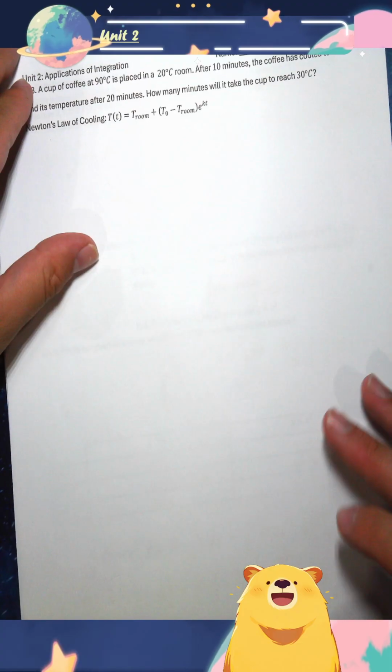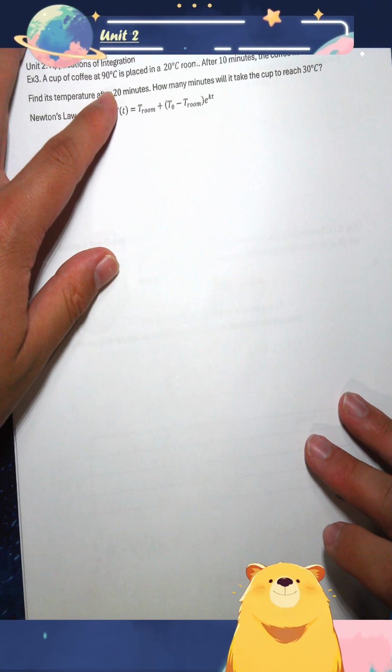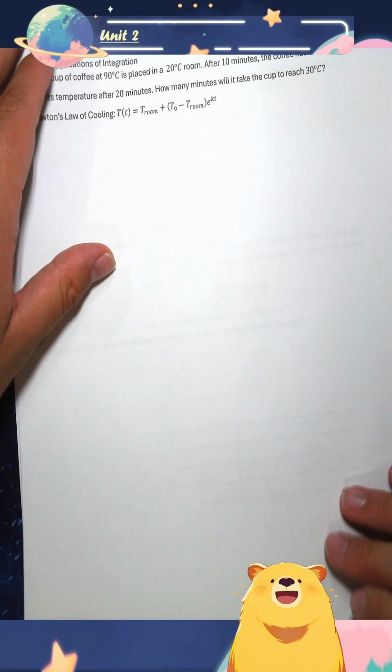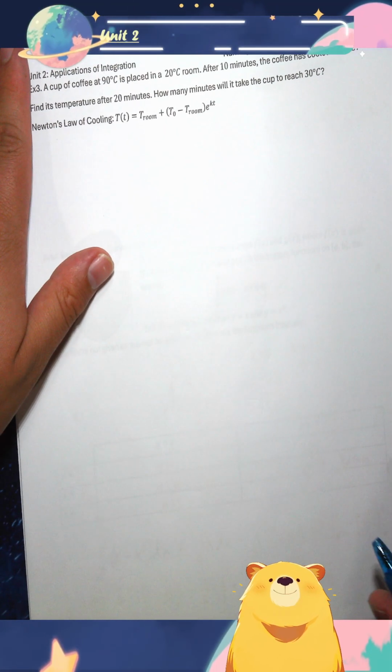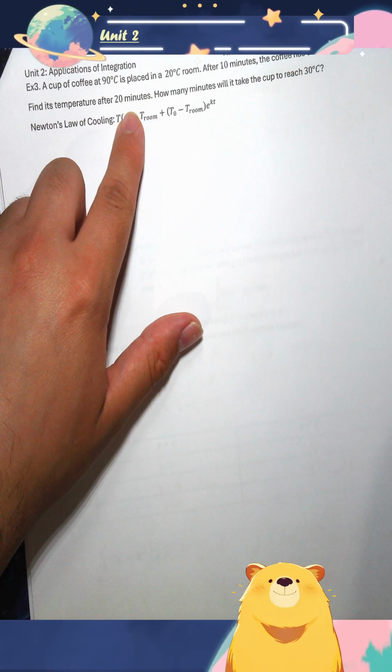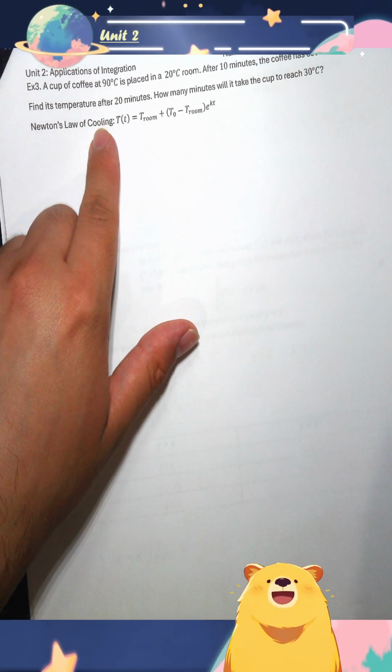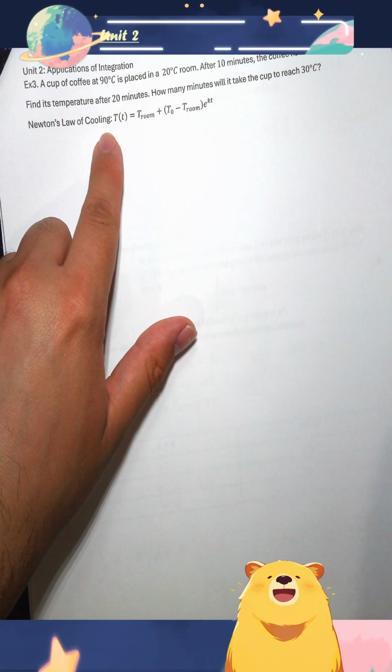All right, let's do this last application. So it says a cup of coffee at 90 degrees Celsius is placed in a room of 20 degrees Celsius. After 10 minutes, the coffee is cooled to 70 degrees Celsius. Find its temperature after 20 minutes. How many minutes will it take the cup to reach 30 degrees Celsius?